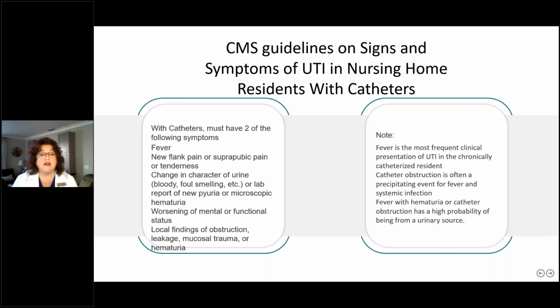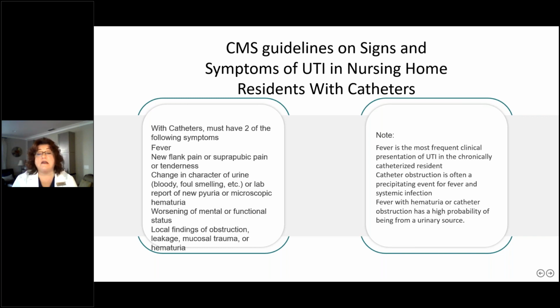They have to have a change in character of the urine, either bloody or foul smelling, any new pyuria or microscopic hematuria, worsening mental function or status, which a lot of times with elderly patients with UTIs, that's the only way you know, because they become terribly confused. Leakage or local findings of obstruction or leakage, mucosal trauma, or hematuria.